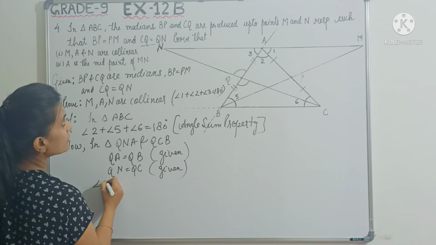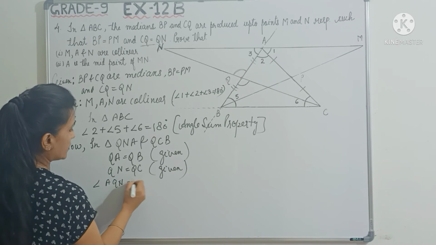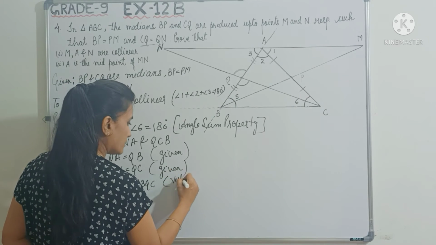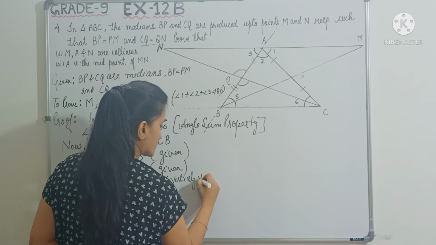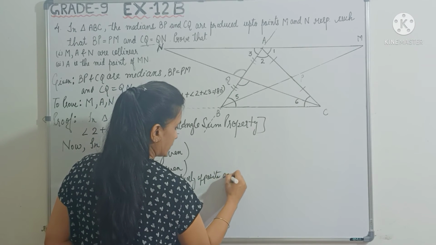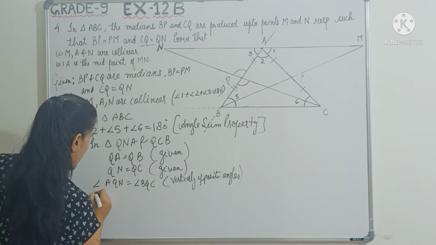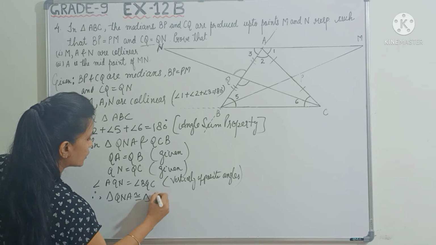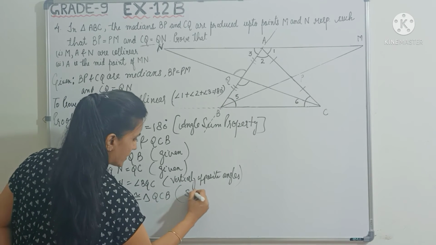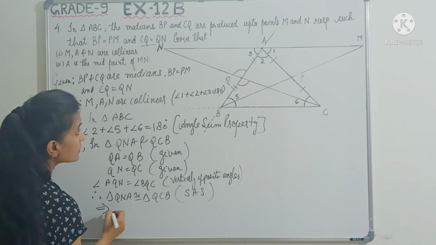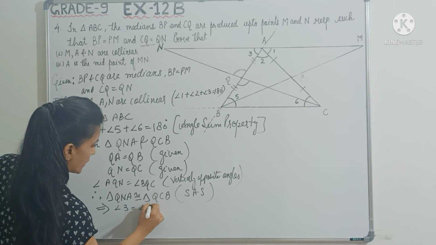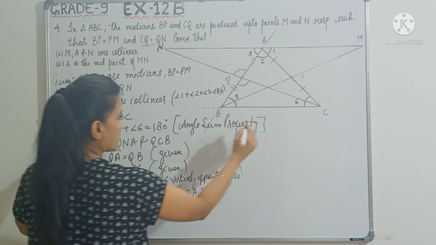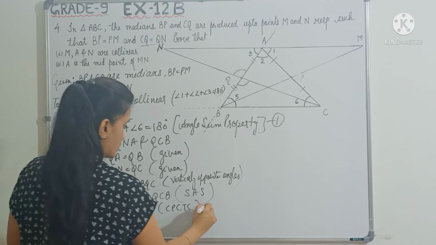And angle AQN is equal to angle DQC, vertically opposite angles, right? Therefore, triangle QNA is congruent to triangle QCB by SAS. This implies angle 3 is equal to angle 5 by CPCTC. Alright? Now let's take this result as 1, this one as 2.